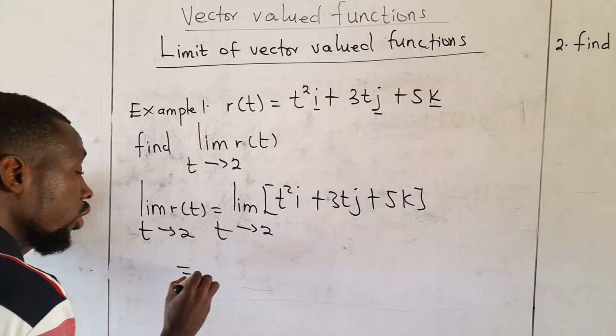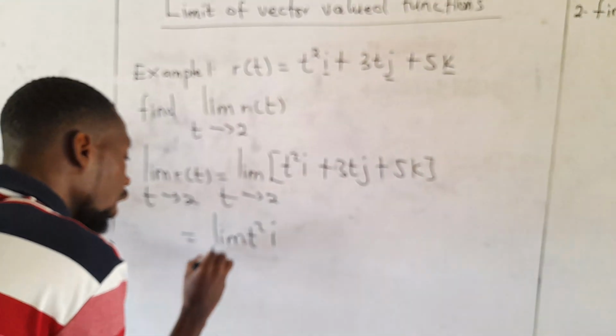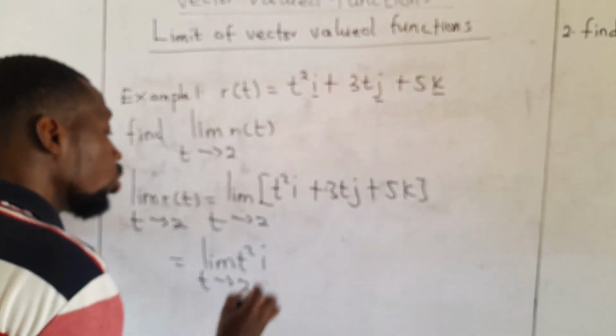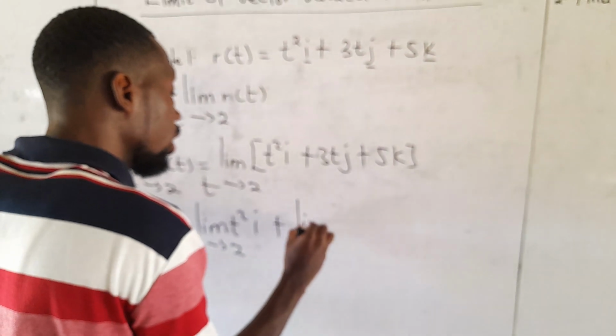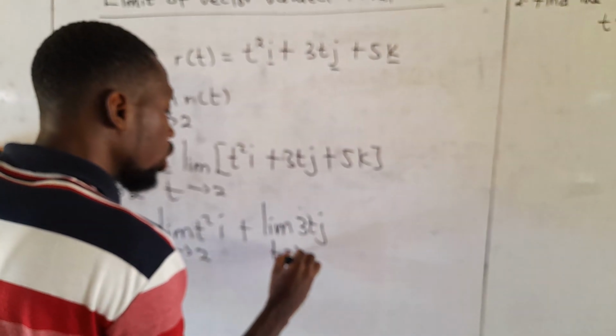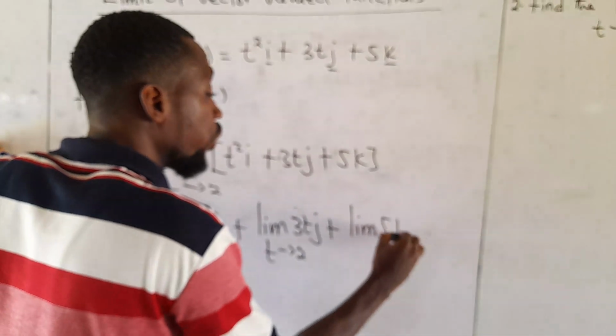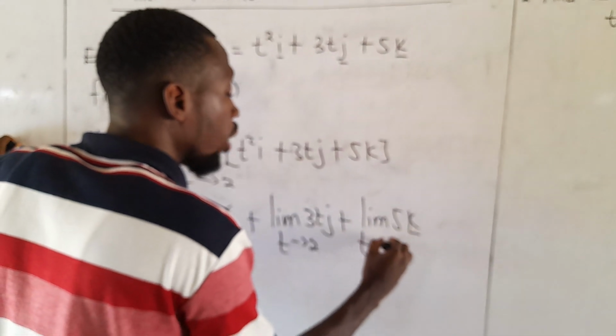So what are we getting? We get the limit of t squared in the direction of i as t approaches 2, plus the limit of 3t j as t approaches 2, plus the limit of 5k as t approaches 2.